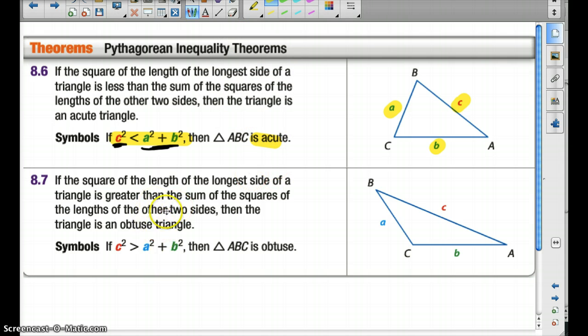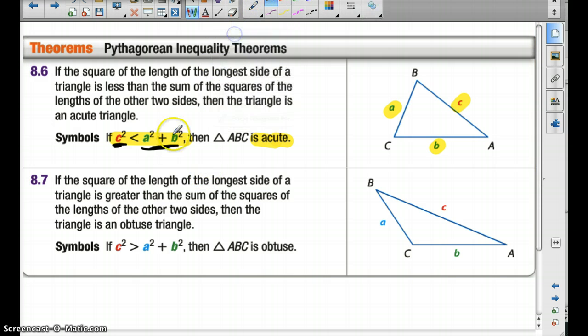Okay, and so the big thing that we can do with this is make sure that we write it c squared, fill in the blank, a squared plus b squared. So if it's a less than sign, then that's easy to remember, it's acute. But we can't write it how we normally do with a squared plus b squared in c squared. So we're going to write it backwards for these.